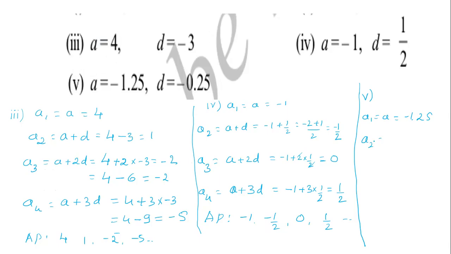A2 is equal to A plus D, here minus 1.25 plus minus 0.25, this is minus 1.50.